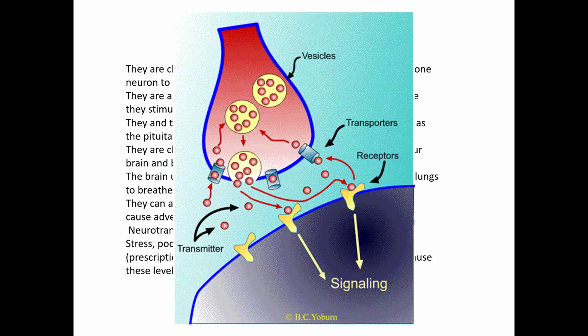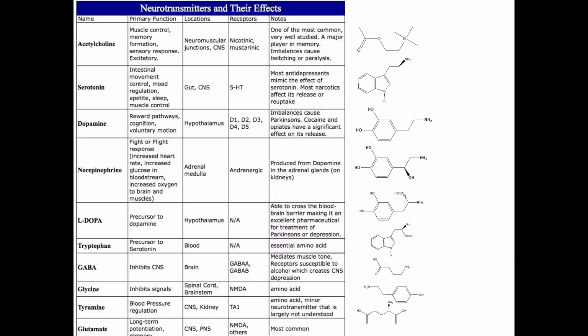The vesicles go down into the transporters, and then they push them out into the cleft, go into the receptor, and stimulate the signal, and then you get the nerve to go down.